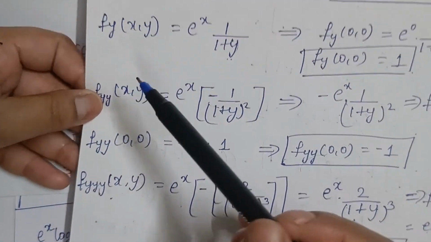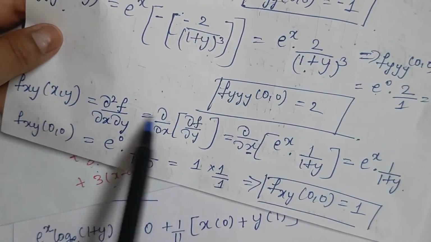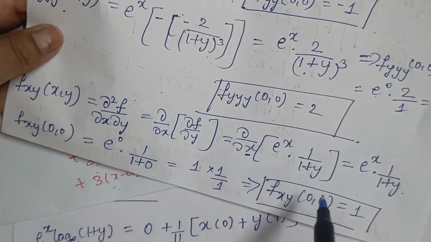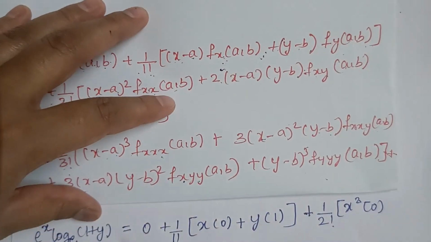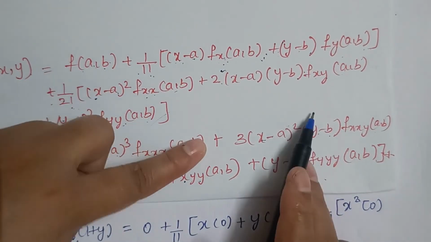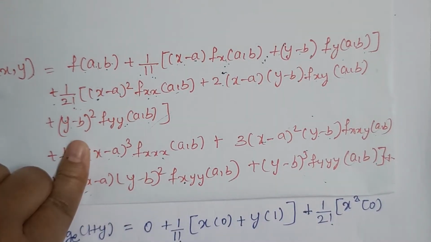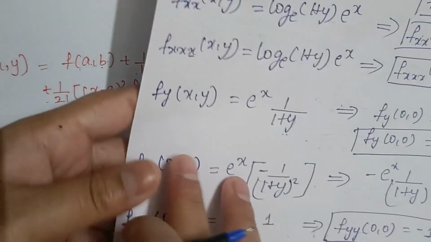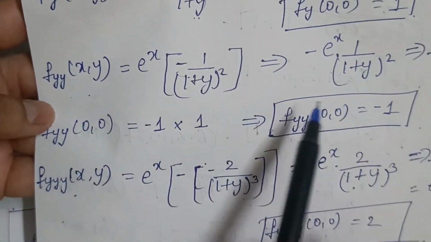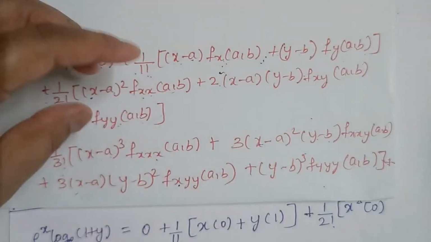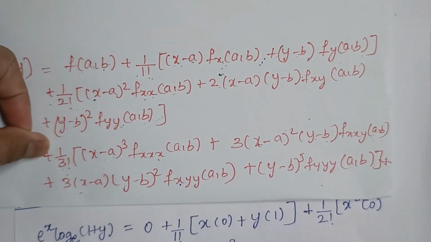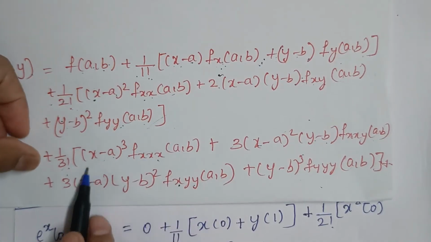It is f suffix xy, so it is 1, plus this is going to be y square, and f suffix yy of 0 is minus 1. Till here it is done.